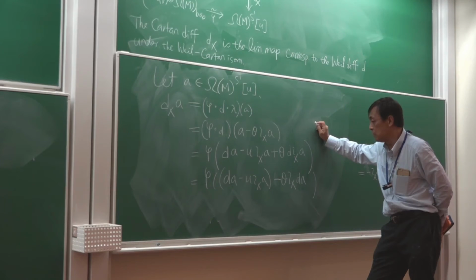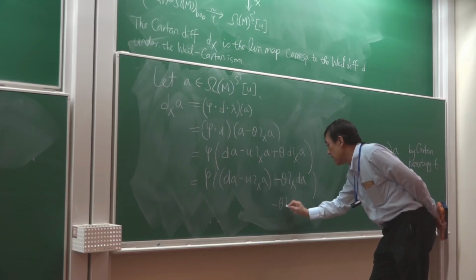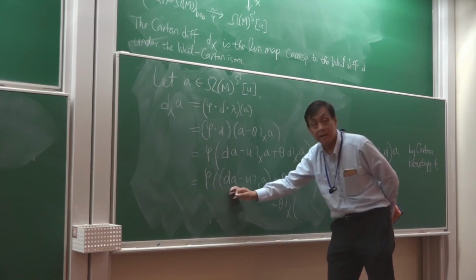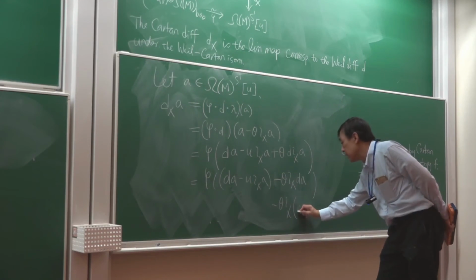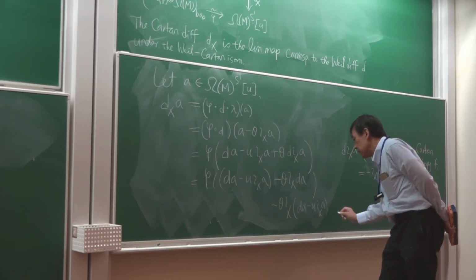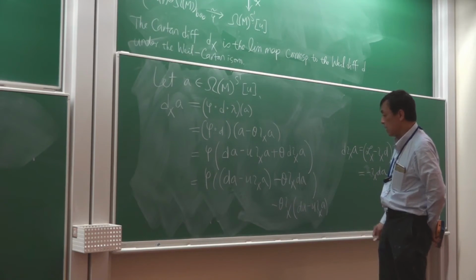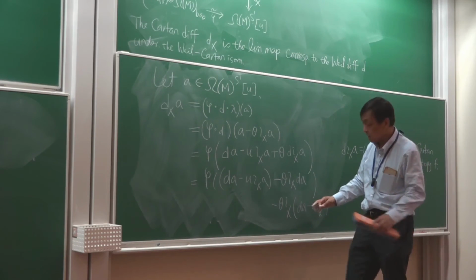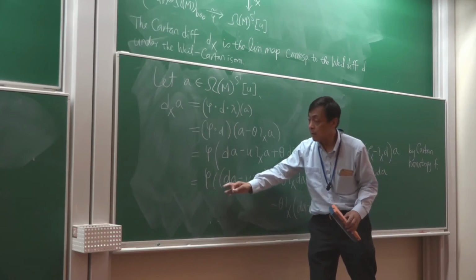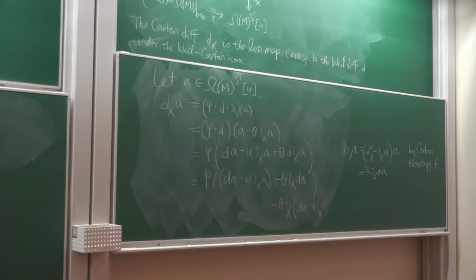And you see, what I would like to have is minus theta i_x, this guy again, dA minus U i_x A. I'd like to have that because then I can calculate this map easily, right?